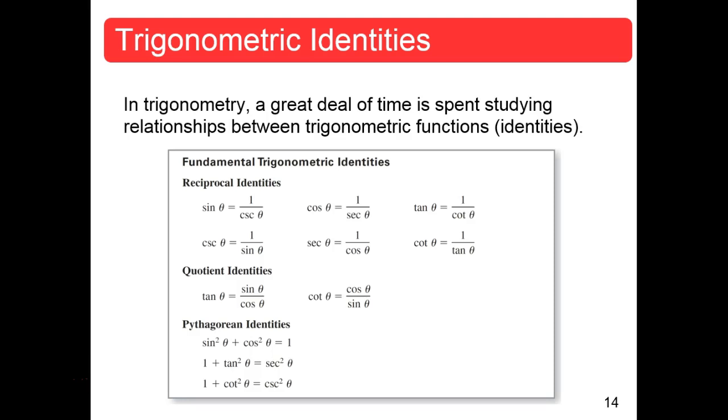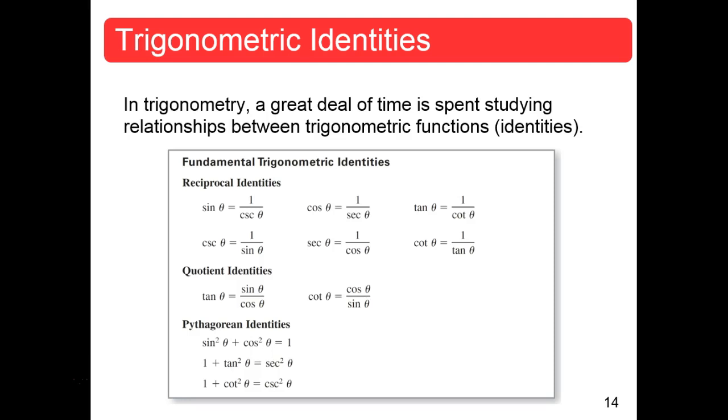I think we were talking about the Pythagorean identities. Did I show you how you could get from this one to that one? You really only need to remember that one, and the rest of them are easily derived from that.